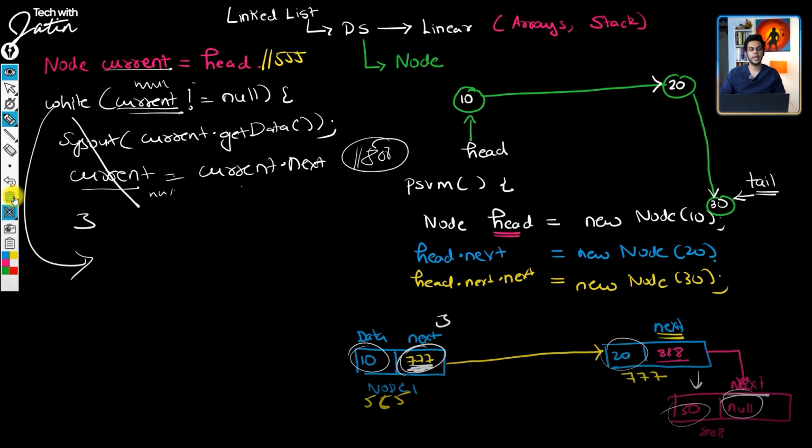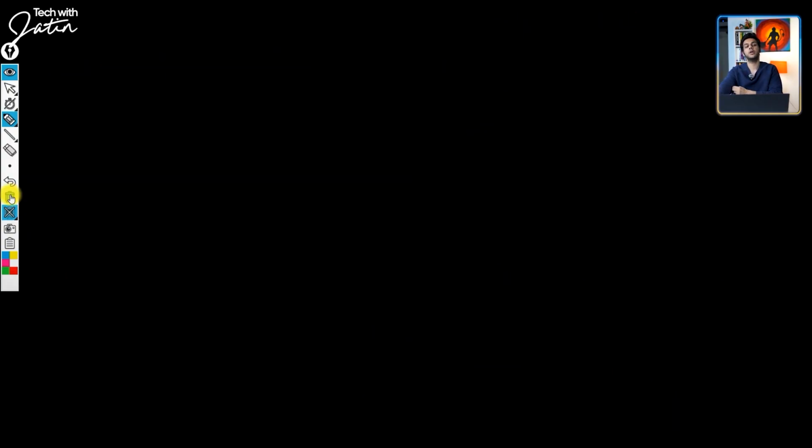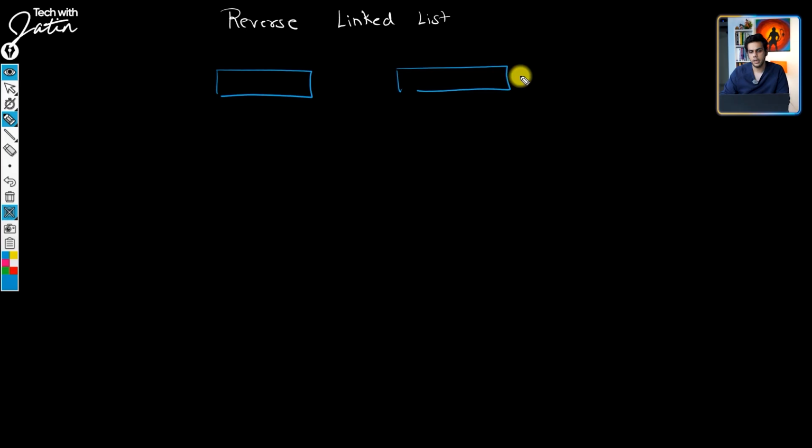Now, let's try to understand this problem statement of reversing a linked list. Over here, guys, what exactly is this problem statement all about? Let's say we want to reverse a linked list. We will be given a linked list. Let me just quickly create one for you guys.